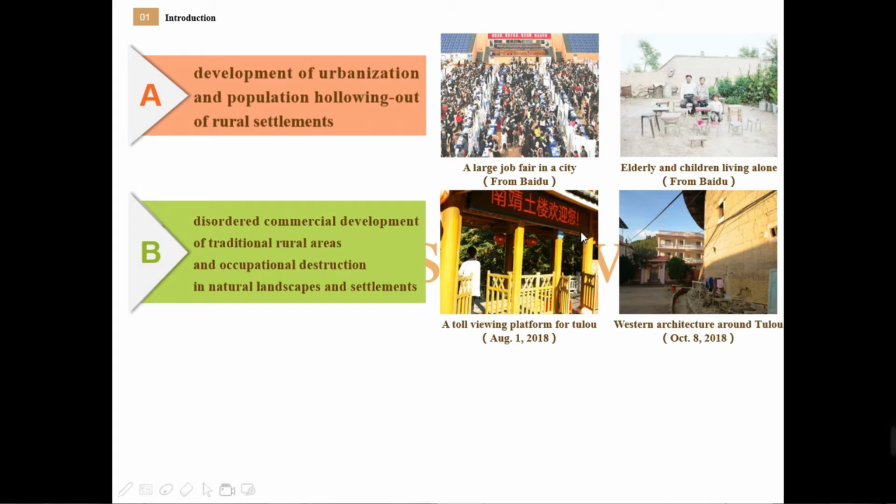Tulou is supposed to be a place for living instead of a tourist attraction, which means a large proportion of the population living in Tulou are now external people instead of the local aborigines, which I will show you the data for later.